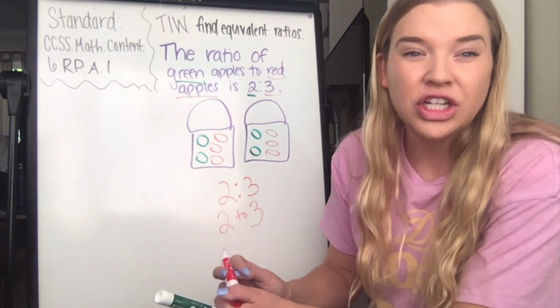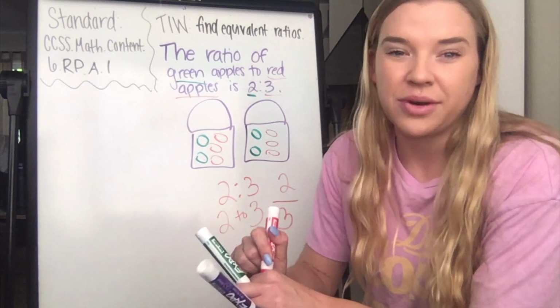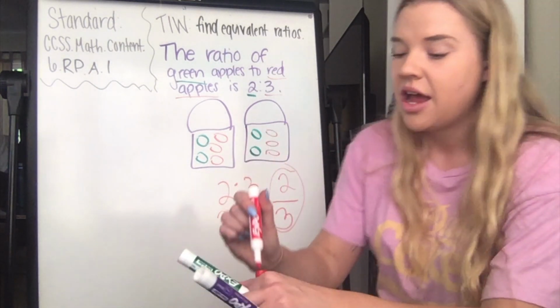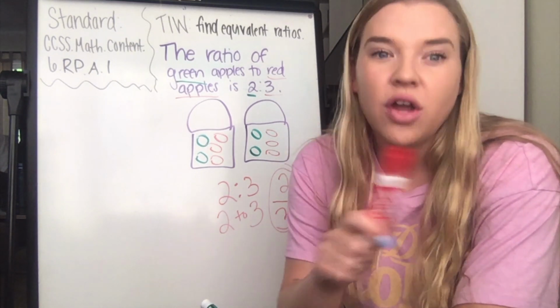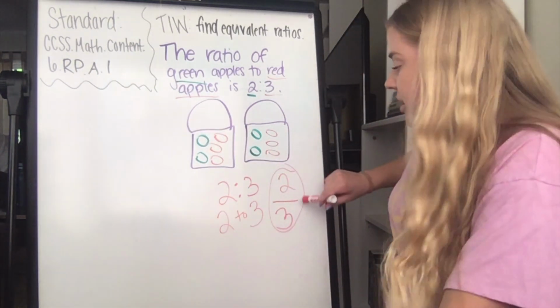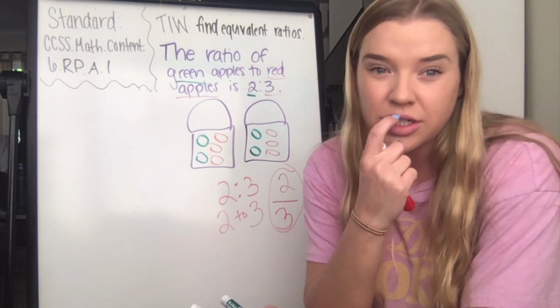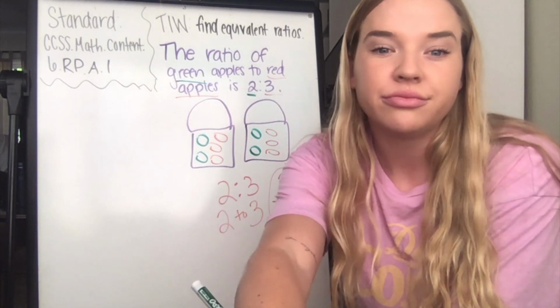But most commonly you're going to see it as a fraction, 2 over 3. In my examples, I almost exclusively use fractions because I think it makes it a lot easier. So for this lesson, I'm going to stick almost always with fraction form. But you still do need to know that these other forms represent ratios as well.